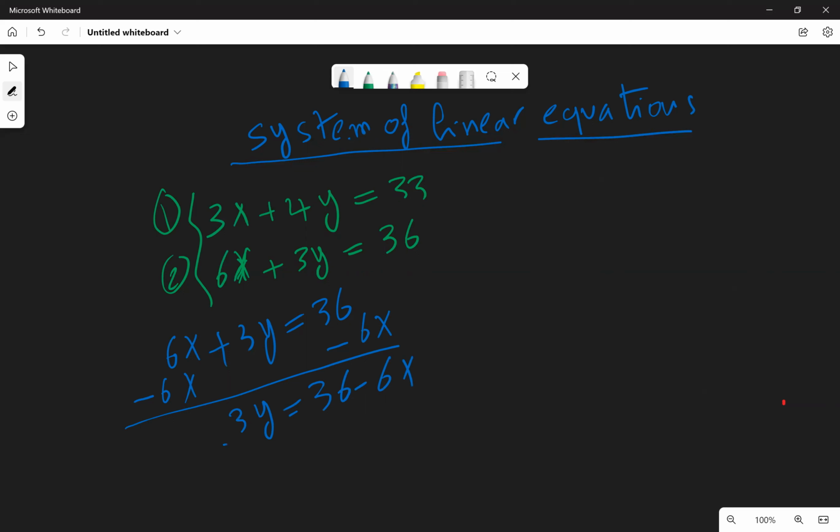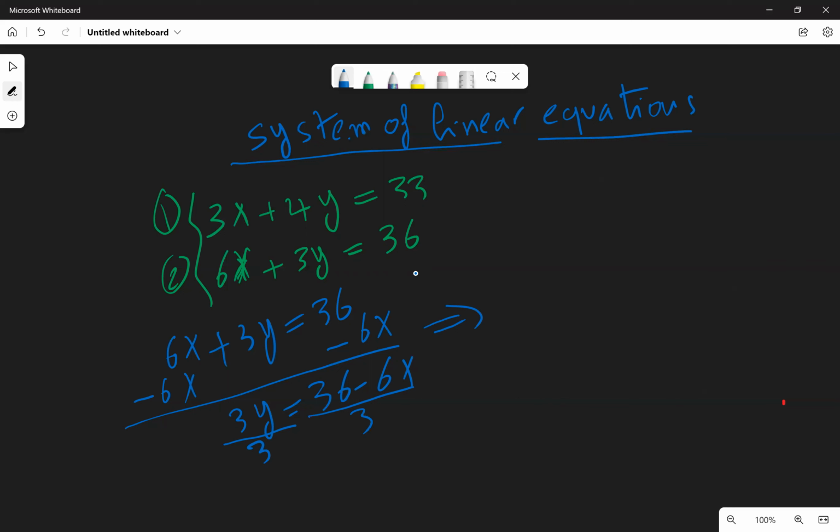And what's the inverse operation of multiplication? It's division. So I'm gonna divide by 3. And since this is an equation, what I do to the left side, I have to do with the right side. So again, I'm gonna divide by 3 on the right side as well. And remember, I'm just working on the second equation here.